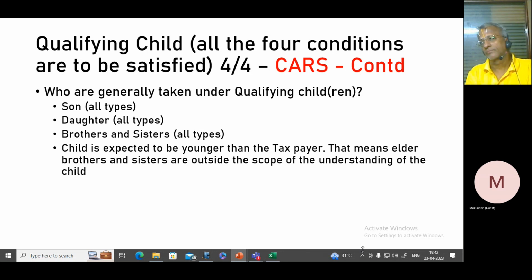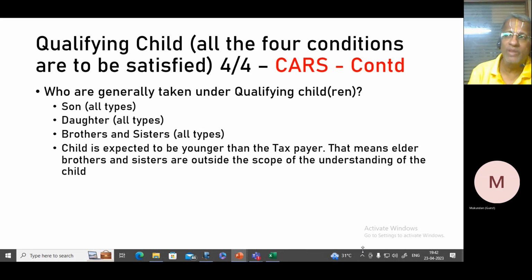Then half brother, half sister, and all that. Yesterday, in the last class, we were just taking that up. So therefore, I've just put within brackets all types. Whatever discussion we have already made on this particular area will continue to be there. So instead of repeating it, I put it within brackets.